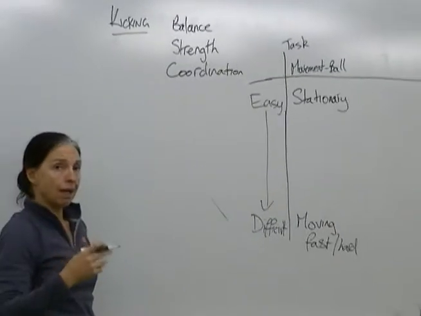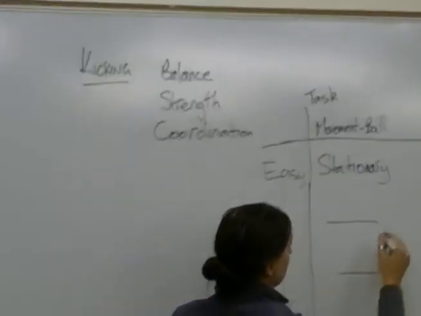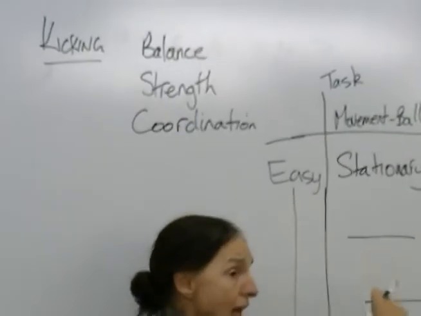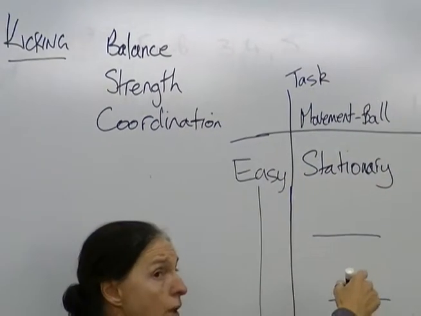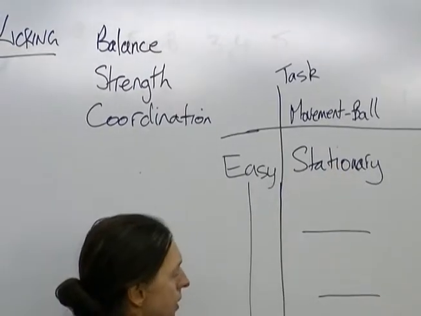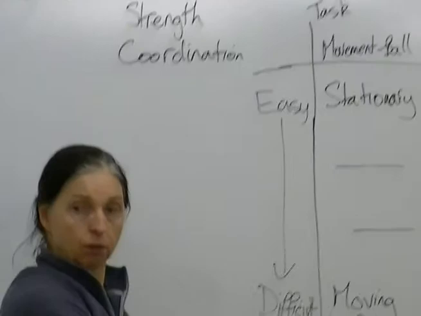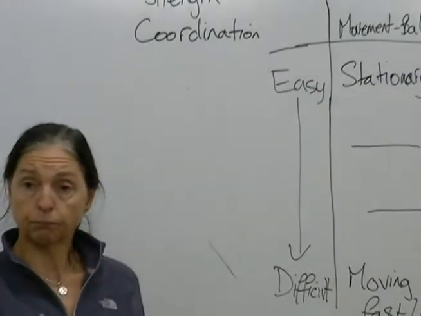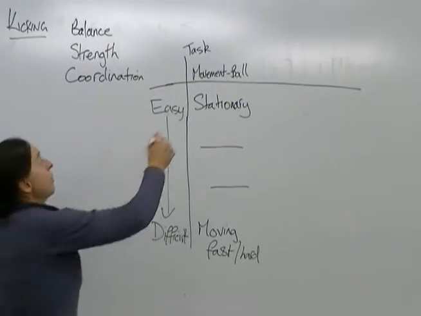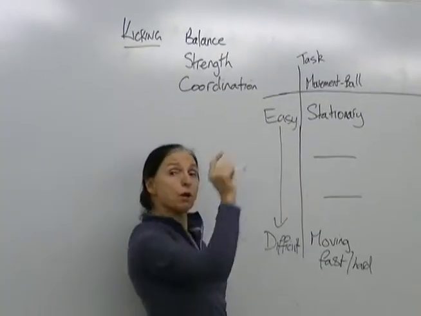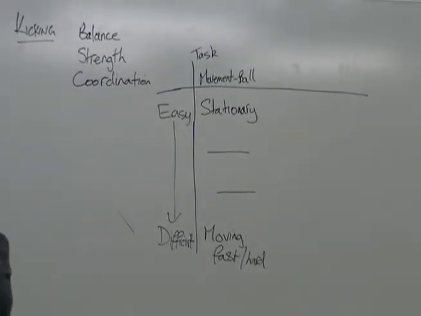And then I get to pick however many steps I want on my continuum between stationary and moving really fast or hard. So would that be like a gradient approach? Is that what you're talking about? Because we're talking about movement of the ball, not the person at the moment. That would be another thing you could manipulate.